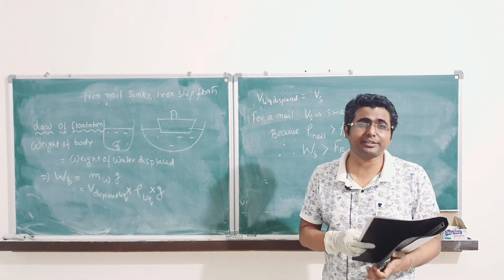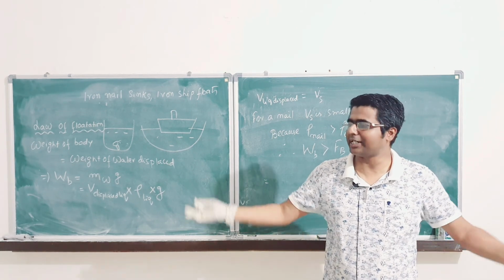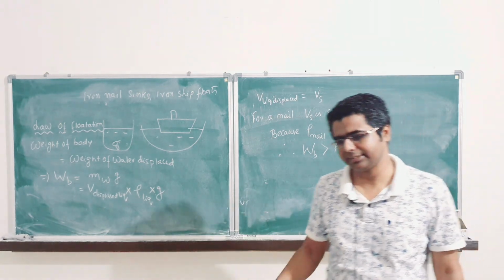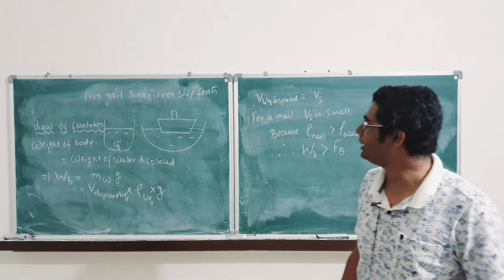So the total ship does not need to get immersed to displace that much water, and hence the iron ship floats. Unfortunately for the iron nail, it sinks.